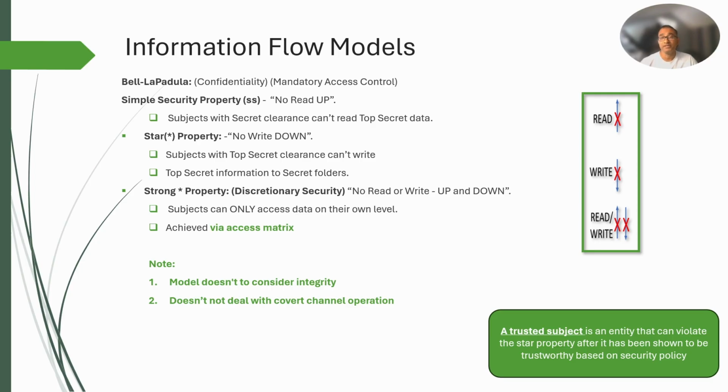It may so happen that a trusted subject will be given access higher than his or her level, but that only depends on whether the person has been approved to be trusted and has shown the trust to be able to handle information which is above his or her access limit. So that, in a nutshell, is what the Bell-LaPadula model does.